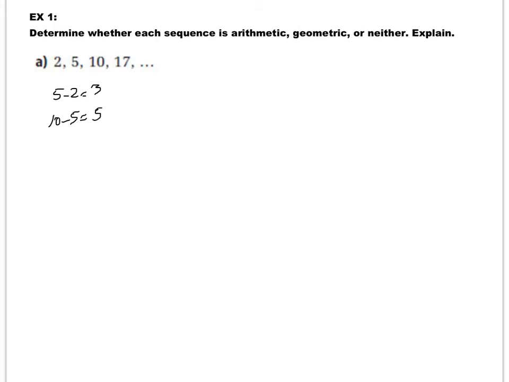So we know that this is not arithmetic. To see if it's geometric, we divide every term by the previous term. So 5 divided by 2 gives us 2.5. 10 divided by 5 gives us 2. You can see that these two, 2.5 and 2, are not the same, so this is not geometric. So the answer to this question is neither.